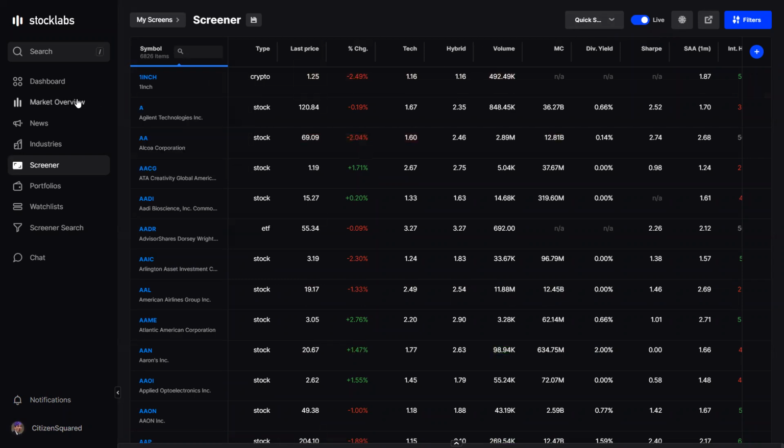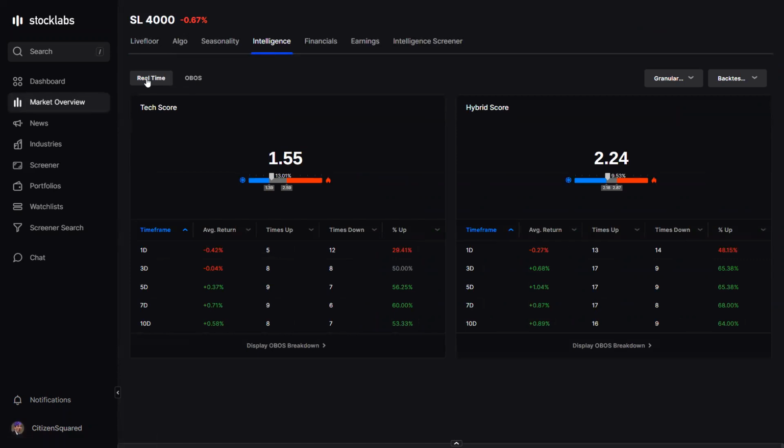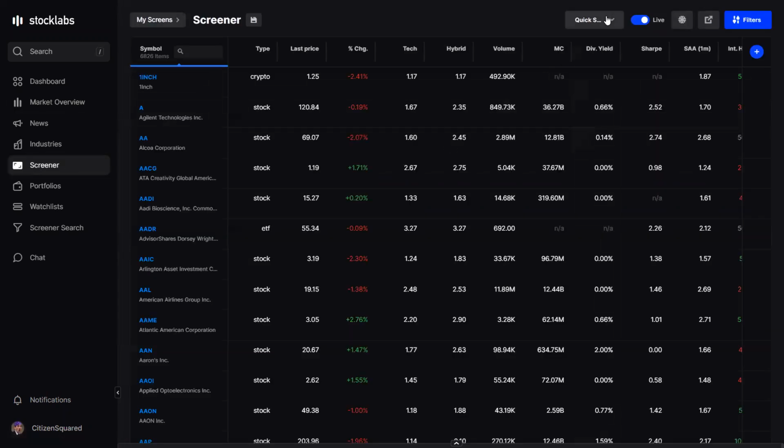Same goes for the real-time intelligence, it's part of pro. Basic will have everything else, and everybody has access to this main algorithm, this overbought oversold algorithm.